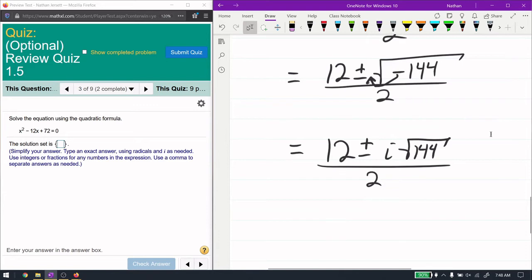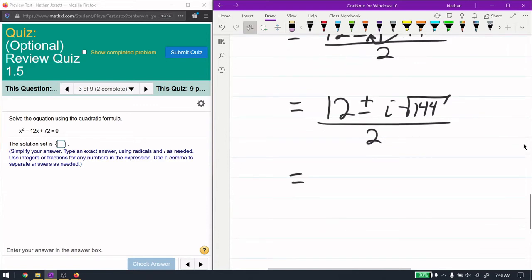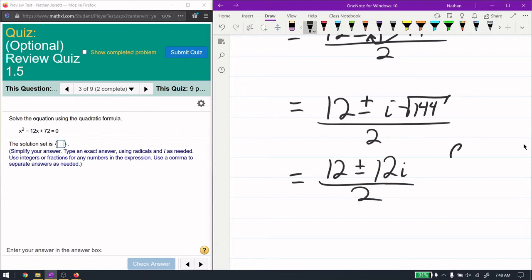And the square root of 144 is 12. I'm going to write the 12 in front of the i. This is the standard form of how you write complex numbers. It's going to be a plus bi. So the number goes in front of the i, not behind it. I just rearranged that for clarity.